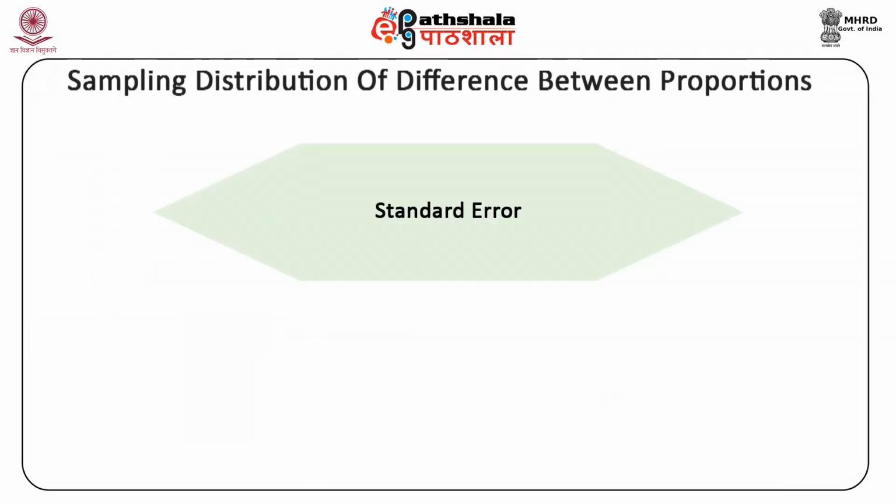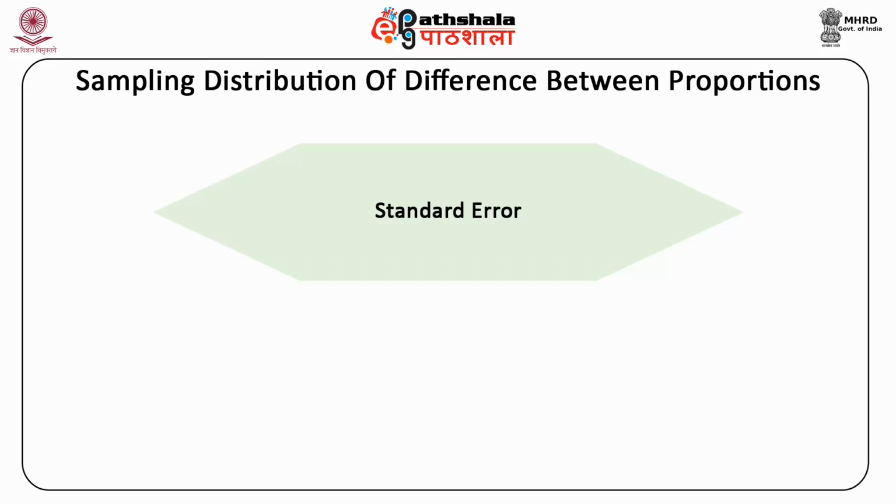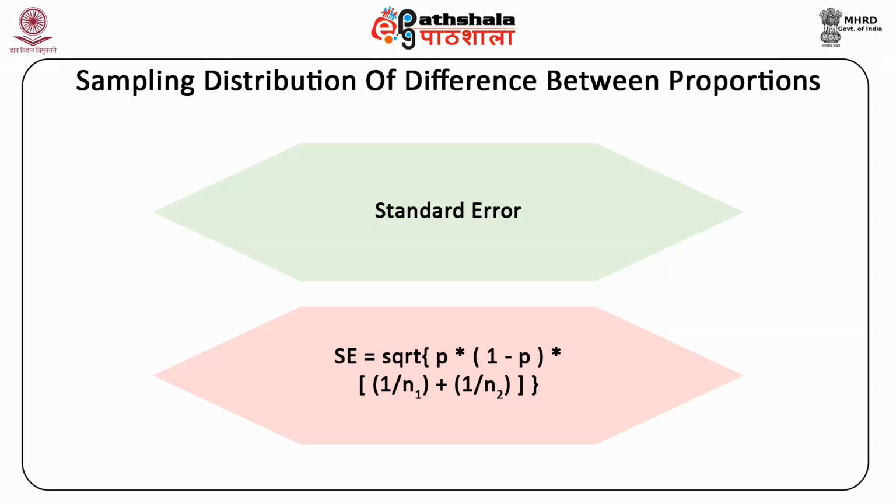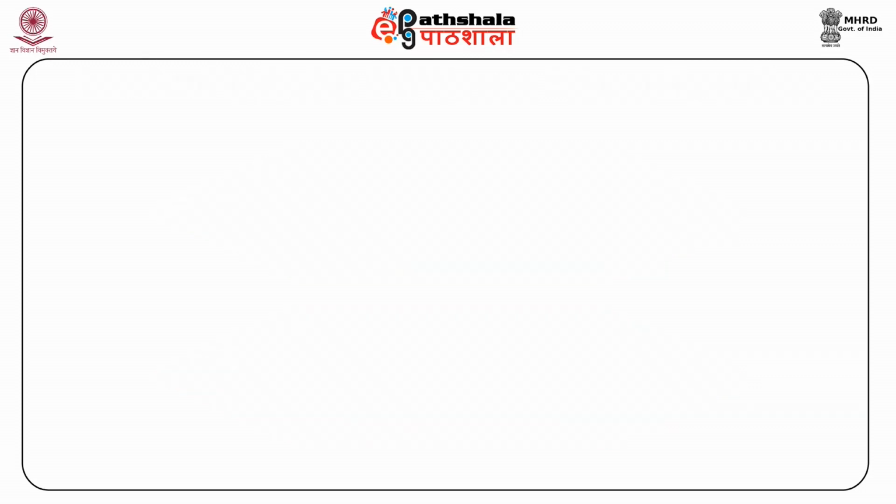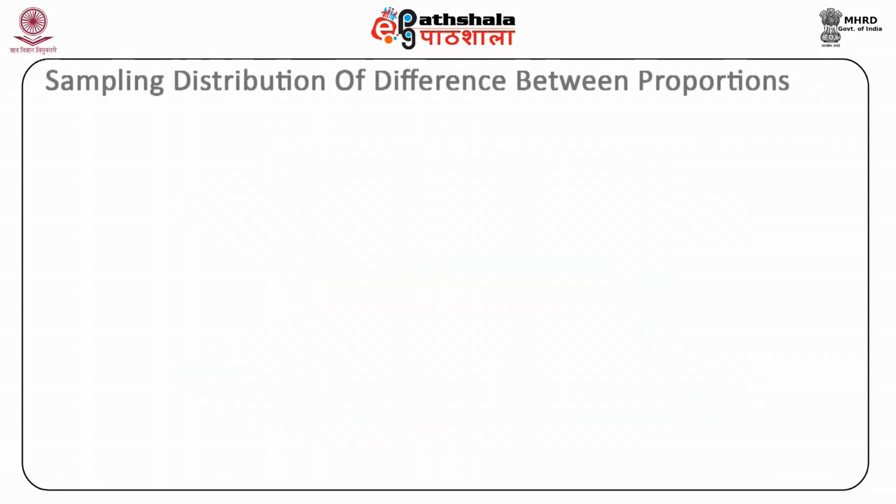Next is how to compute the standard error of the sampling distribution of difference between two proportions. Standard error is equal to square root of P into (1 minus P) into (1 divided by N1 plus 1 divided by N2), where P is the pooled sample proportion, N1 is the size of sample 1, and N2 is the size of sample 2. Test statistic.